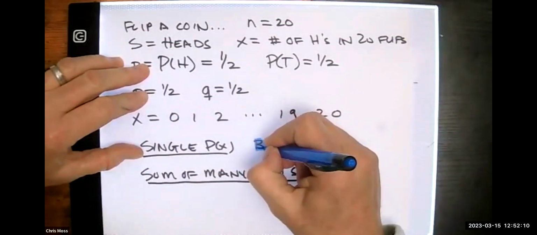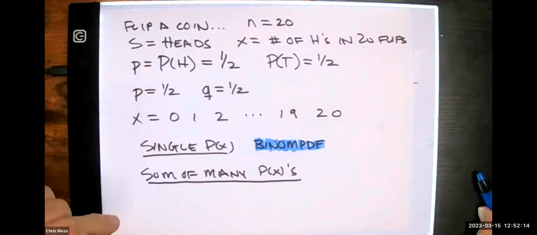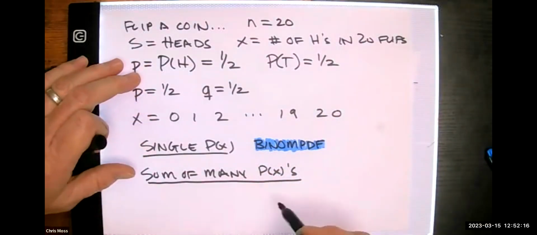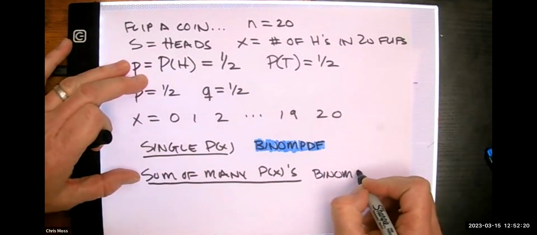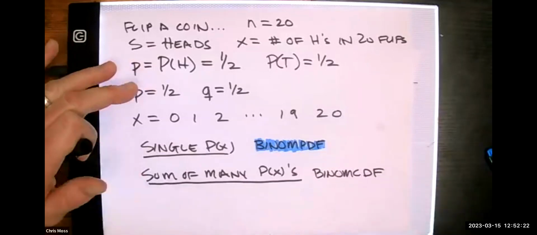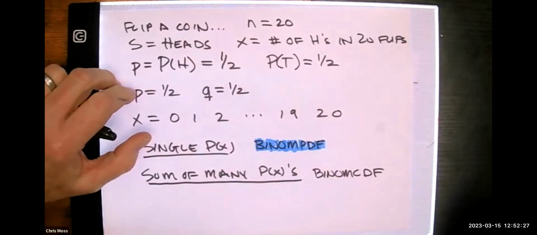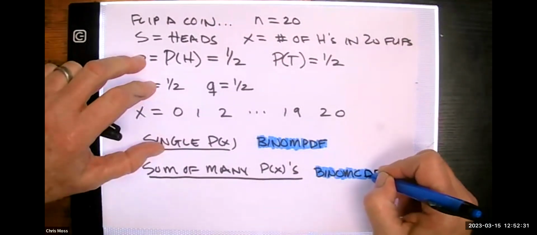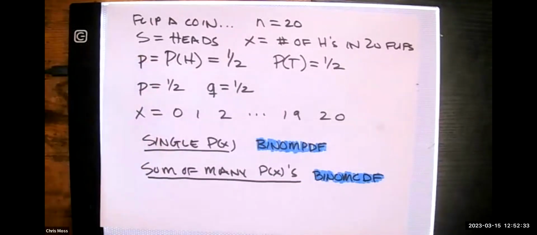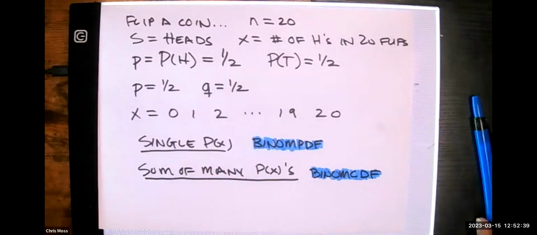So that is the probability tool I use for the single P of X. And for the sum of many, I use the binomial CDF, for cumulative distribution function. So these are the tools I use for my binomial distribution probability questions. It does a very, very good job.